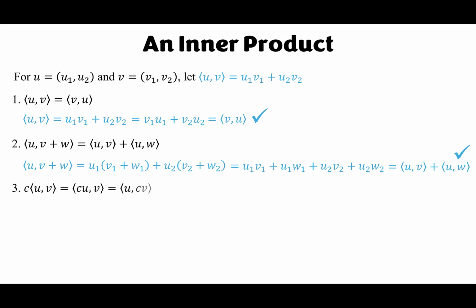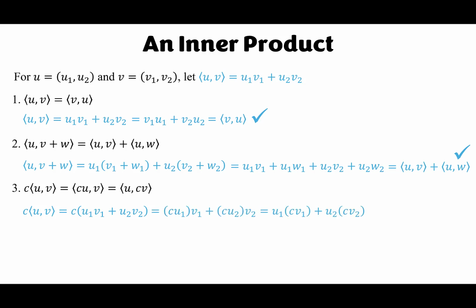All right, let's check property 3. We're checking that the placement of that constant multiple doesn't change the result. By definition, c being multiplied by the inner product of u and v would be c times u1 v1 plus u2 v2, from the definition of how we defined the inner product of u with v in this particular case.